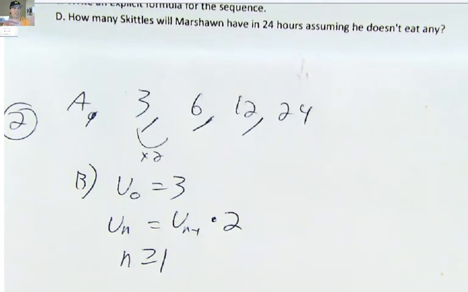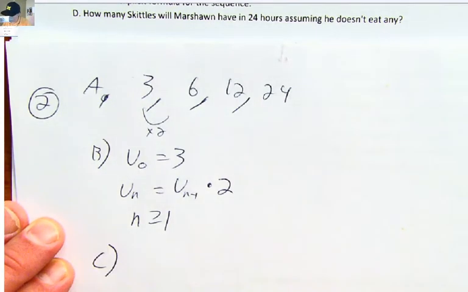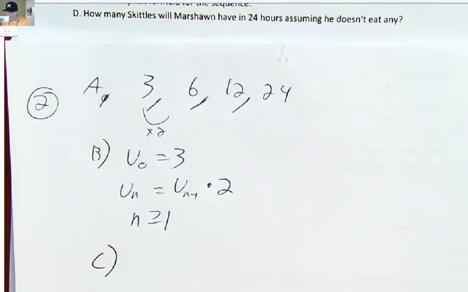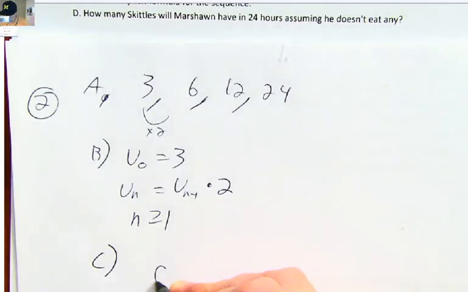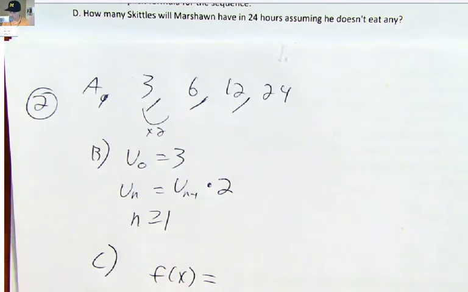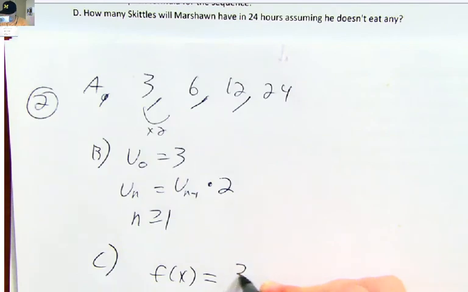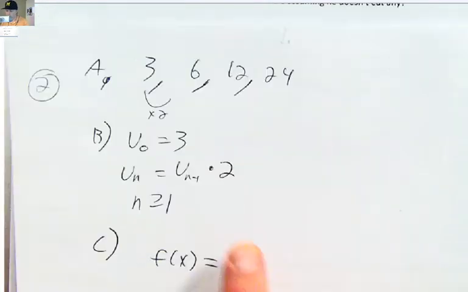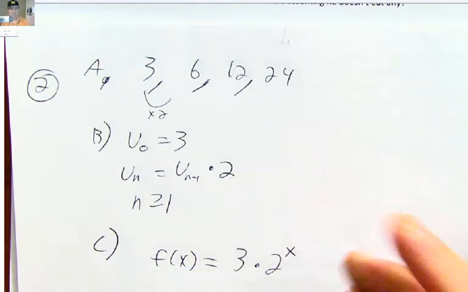And then we can turn this into an explicit formula in part C. We can just use that formula that I gave you earlier. So we could use f of x equals u0, which is 3, times the common ratio, which in this case is 2, so times 2 to the x.